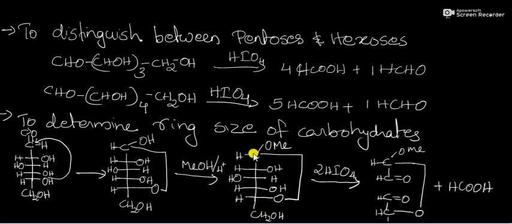When this cyclic compound undergoes oxidation using HIO4, this bond and this bond will cleave. What will be the product? This is our secondary alcohol. It will convert into CHO.